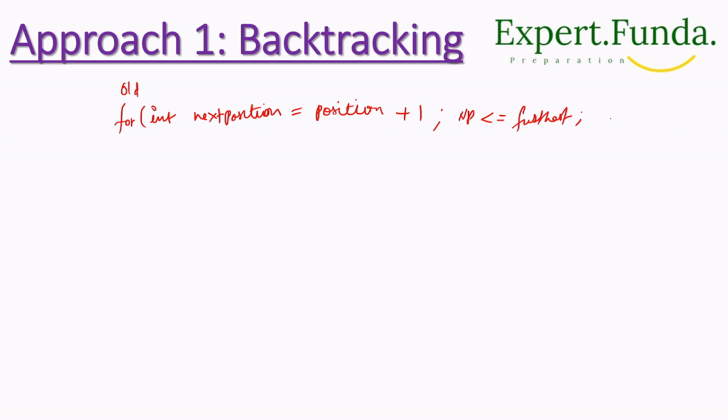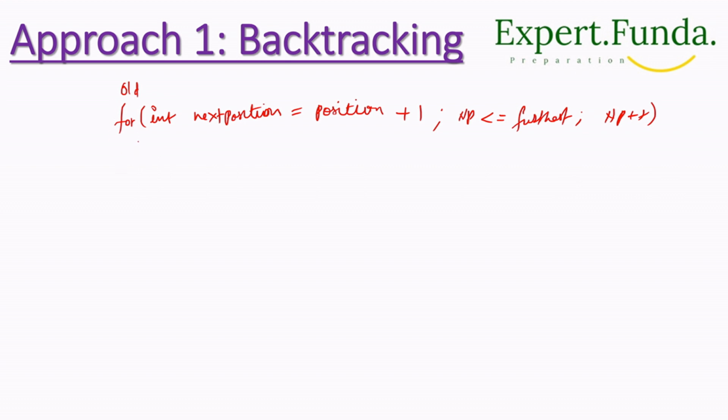Initially we had a for loop with int next position, and this next position started from position + 1, and we went until next position was less than or equal to the furthest jump, the last one. And then we did next position plus plus, correct?